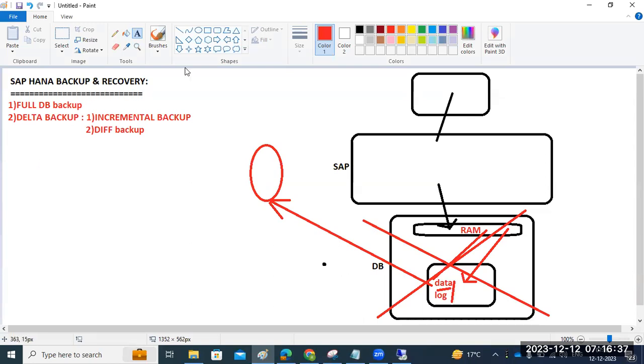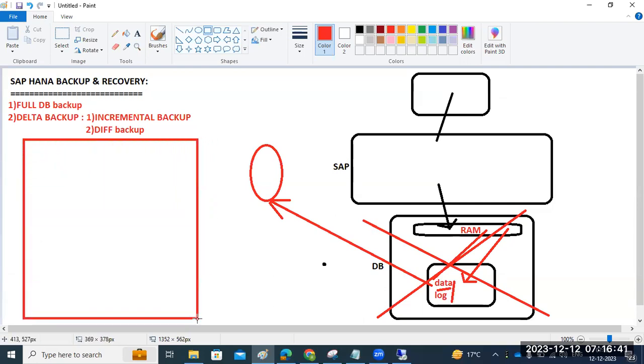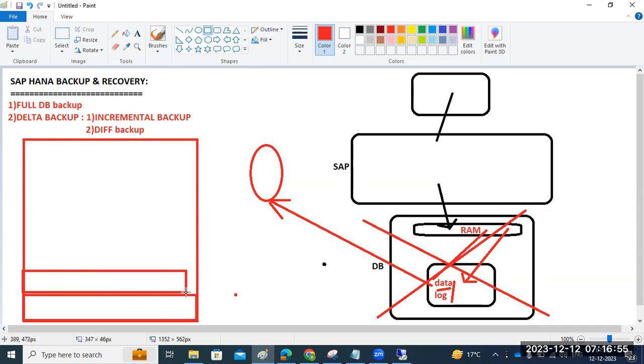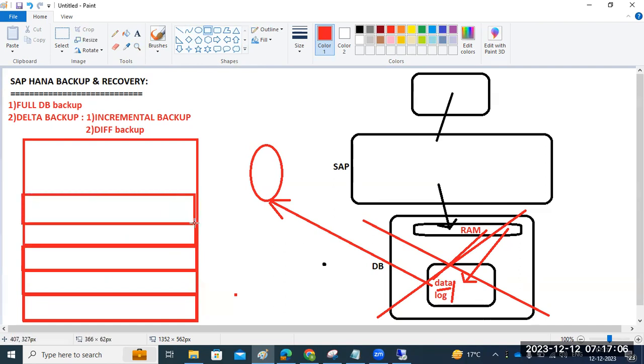will be backed up. Suppose, for example, this is your database. Every day we will take it out. Suppose we have 7 days weekly: Monday, Tuesday, Wednesday, Thursday, Friday, Saturday, Sunday.